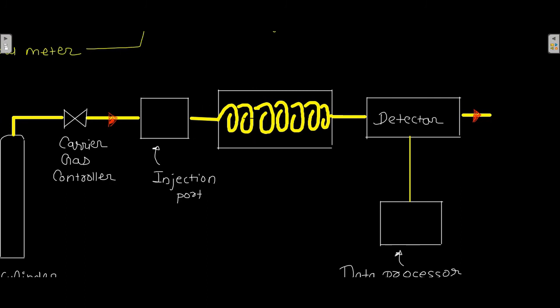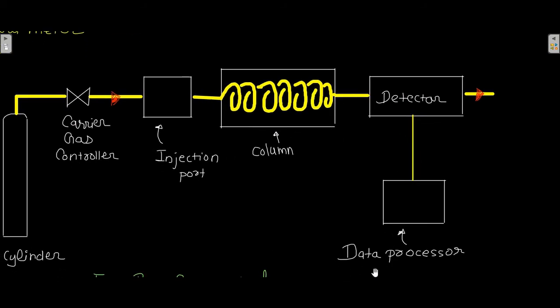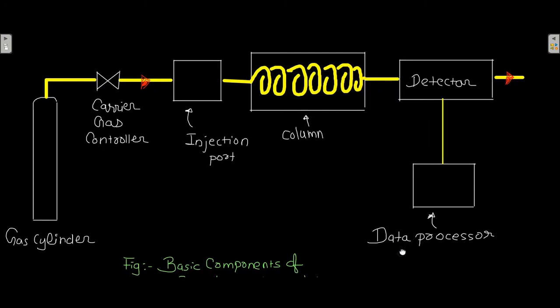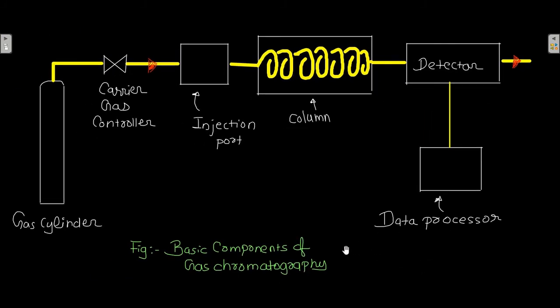Then this is your detector, and then you have a data processor as well. So this diagram represents the basic components of gas chromatography.